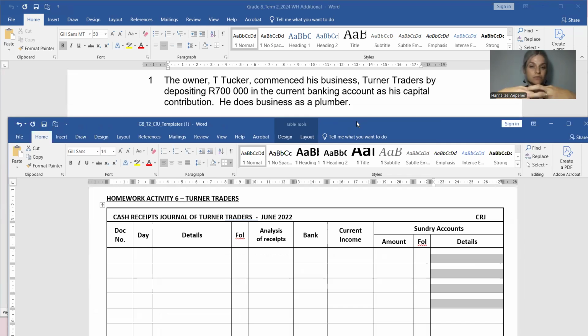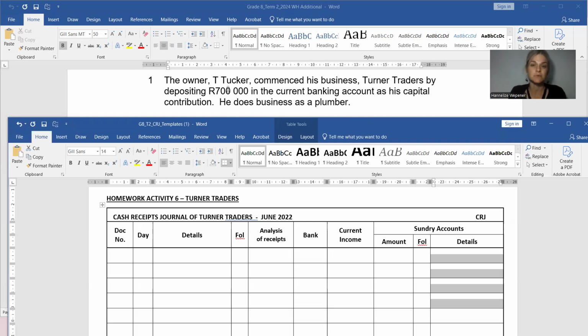Who did the business receive money from? Okay, so he now gave the business money to start this new venture. And he did this by depositing 700,000 Rand in the banking account of the business. Oh, and it says he's a plumber. So this is important moving forward, but I will speak about that in a bit.